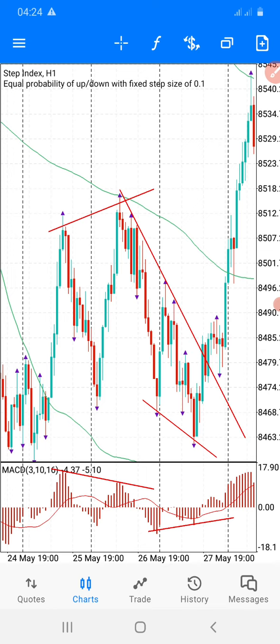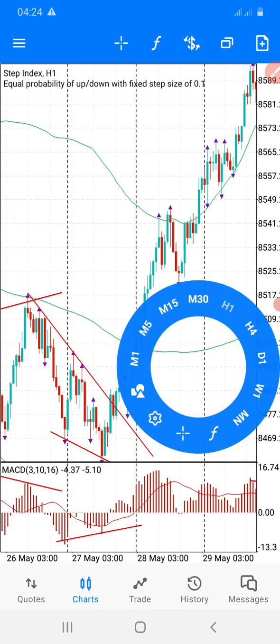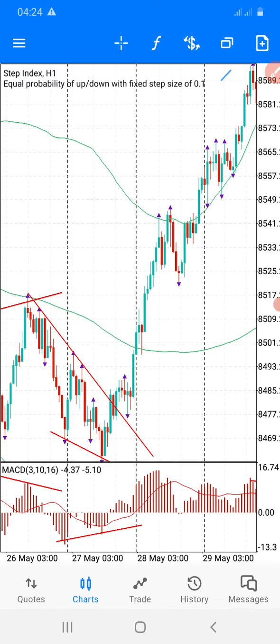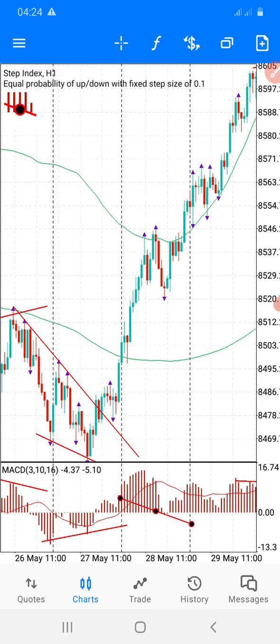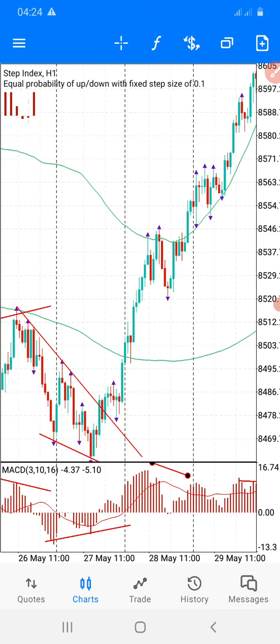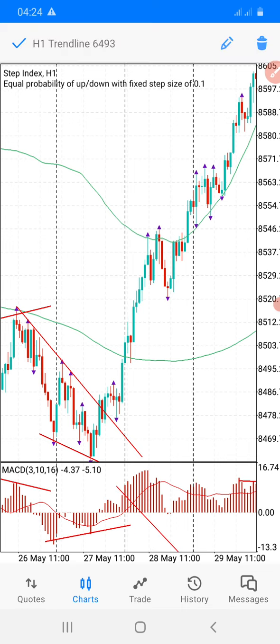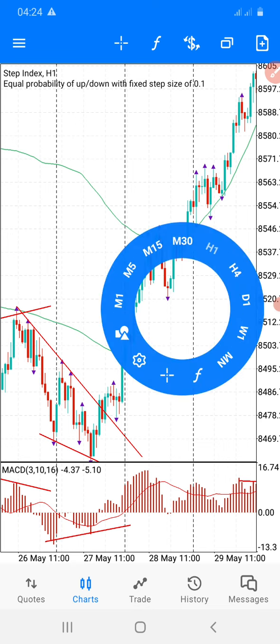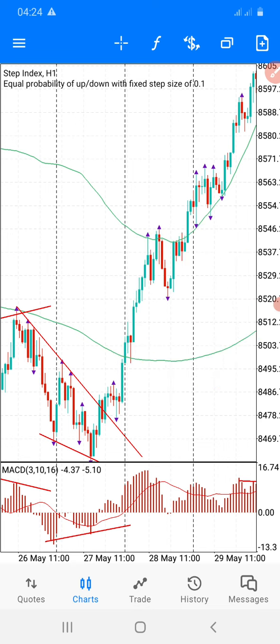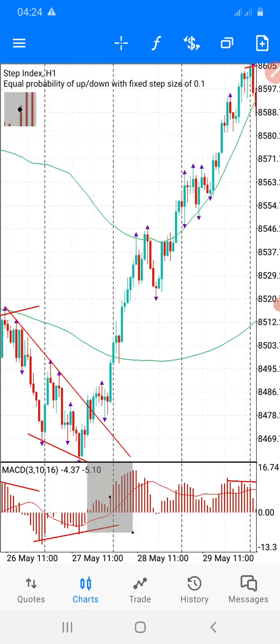A break of a trend line to the upside, and then you can see that after the break of structure, the histogram as well begins to form above the zero line. The histogram begins to form above the zero line, and then you can see the histogram forming from this point.